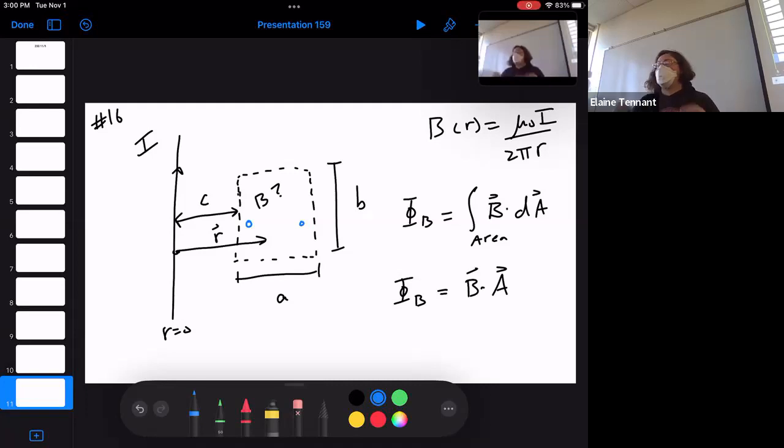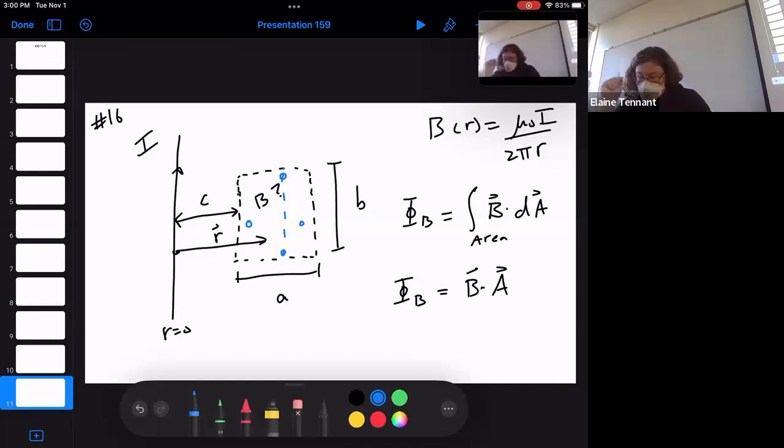Different, right, because my magnetic field depends on how far I am from the wire. What if I had a spot here versus a spot there, along the same line? Would the field there be the same or different?